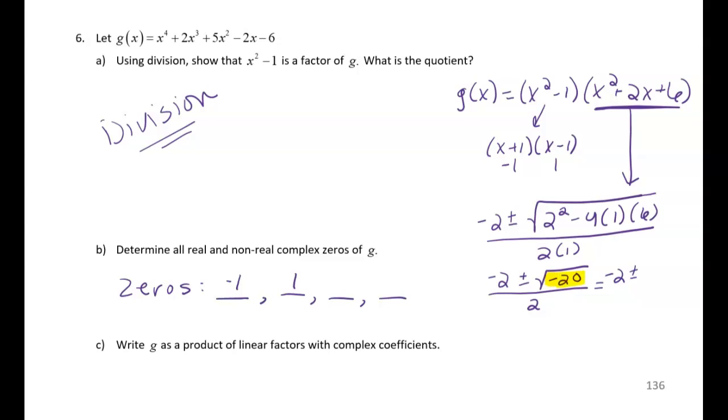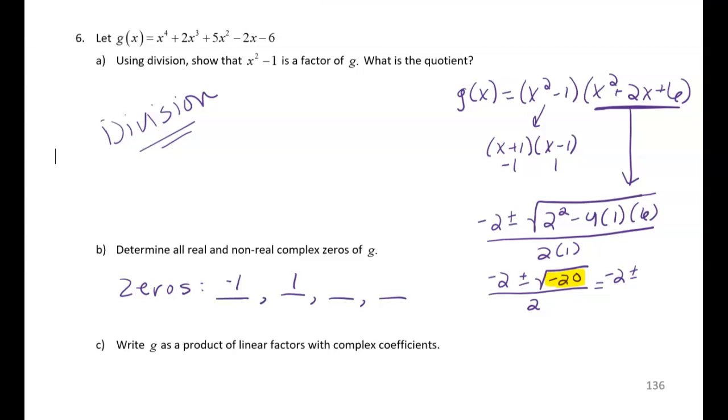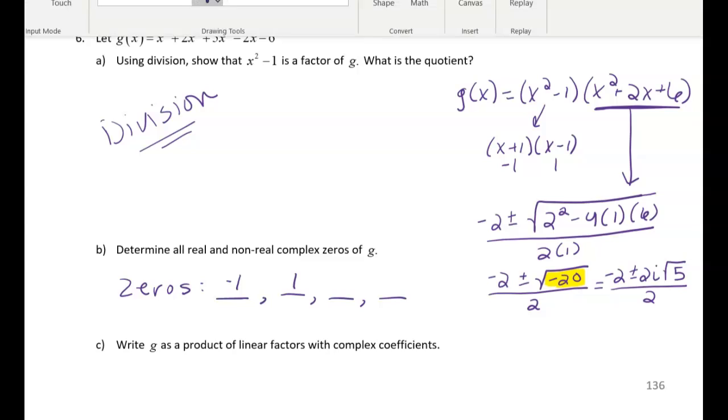And then you want to think about simplifying your square root of 20, which is what I did wrong on my previous video. I made a mistake with simplifying that. So you need to bring out a 2, and you leave a 5 in there, and you also have an i on the outside as well. And then you can simplify out your 2.